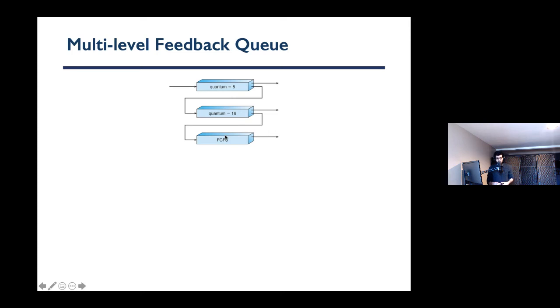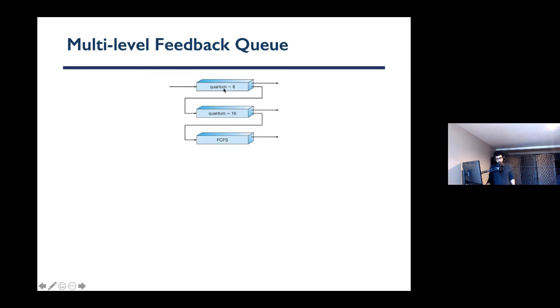The way it worked was the highest queue had really short time quanta. And then the second one had longer time quanta, like 16. And the last one had infinite time quanta, because if you remember, infinite time quanta means FCFS. So as we come down the list, the length of the time quantum increases.